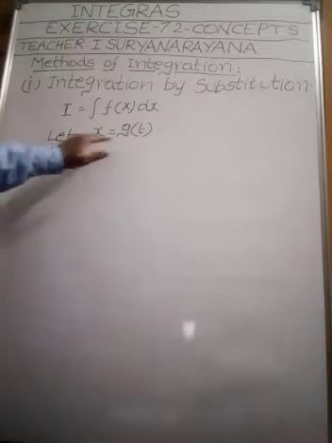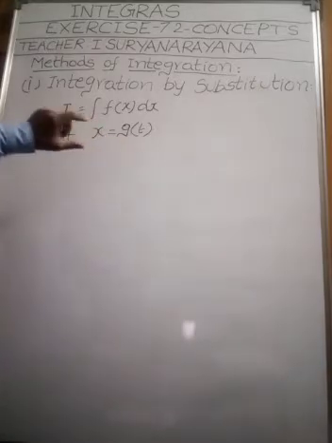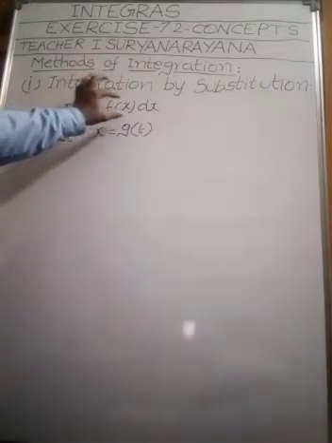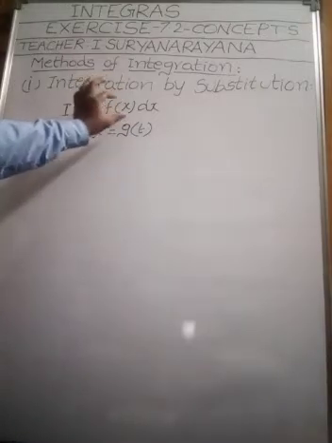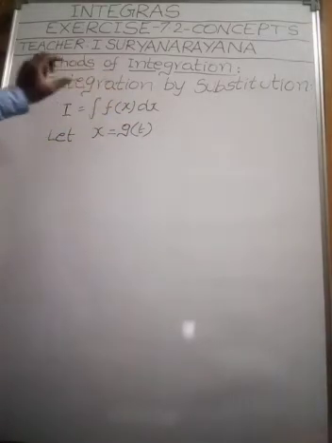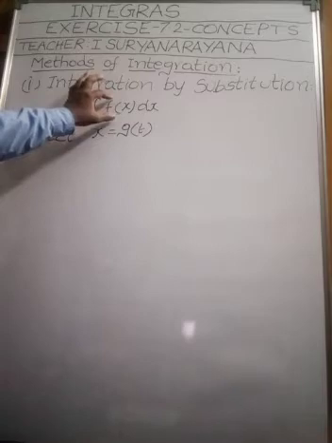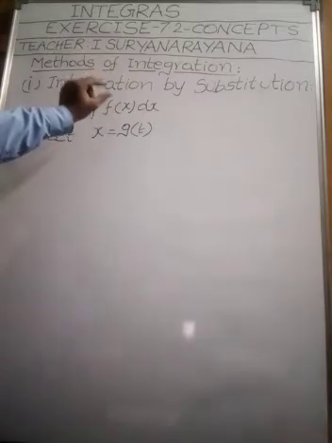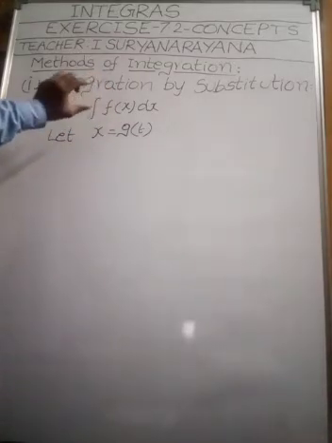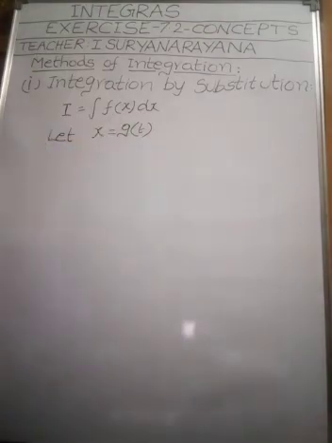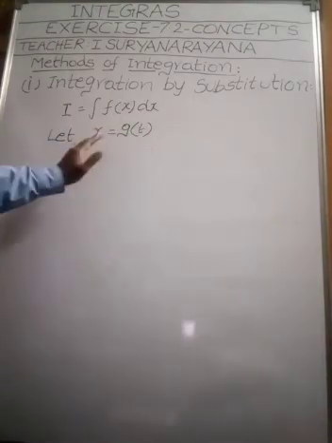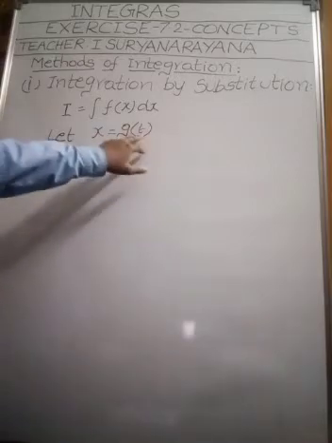Not always x is equal to g of t. We have to choose some part of the function or the entire function. From this function only, we have to select some part of the function or the entire function as some function in t. Then we differentiate on both sides with respect to t.